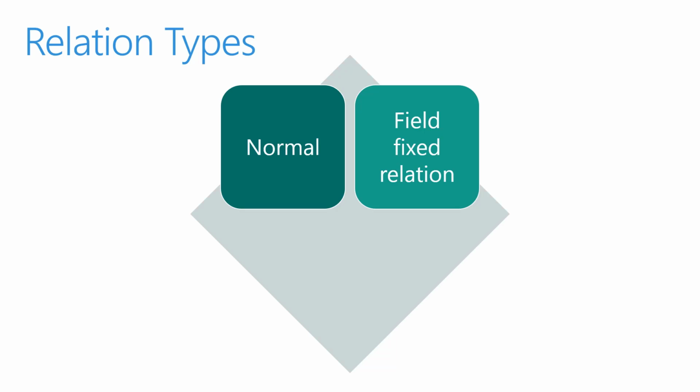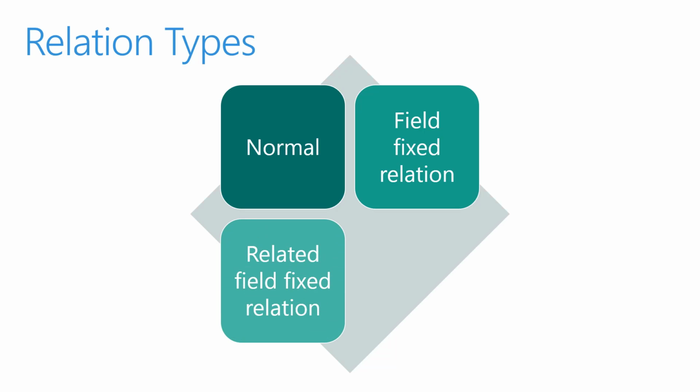In the value property, we would enter the value we want to use to filter the selected field. This constrains the parent relation to only records in the table that match the specified value. Only numeric values can be entered in the value property field. Field fixed relations can be created only on numeric fields.